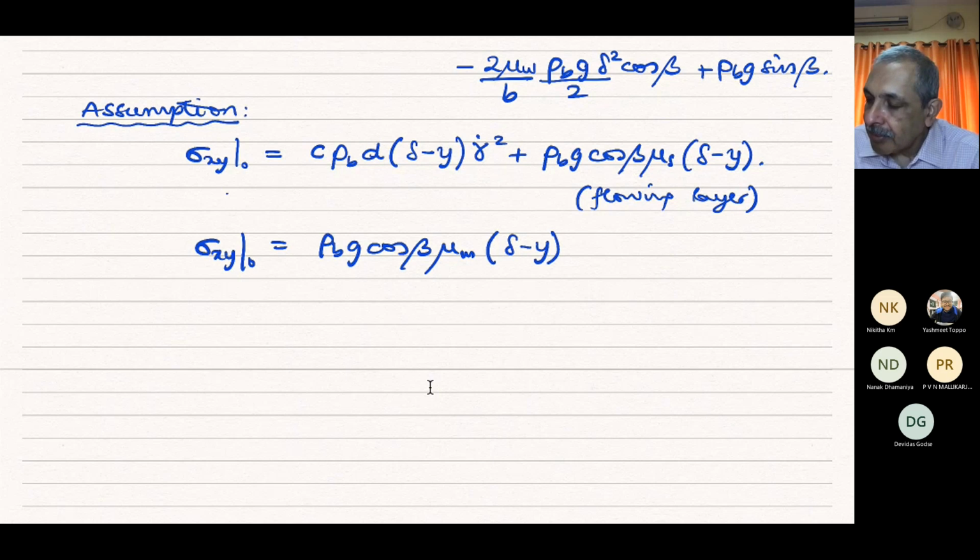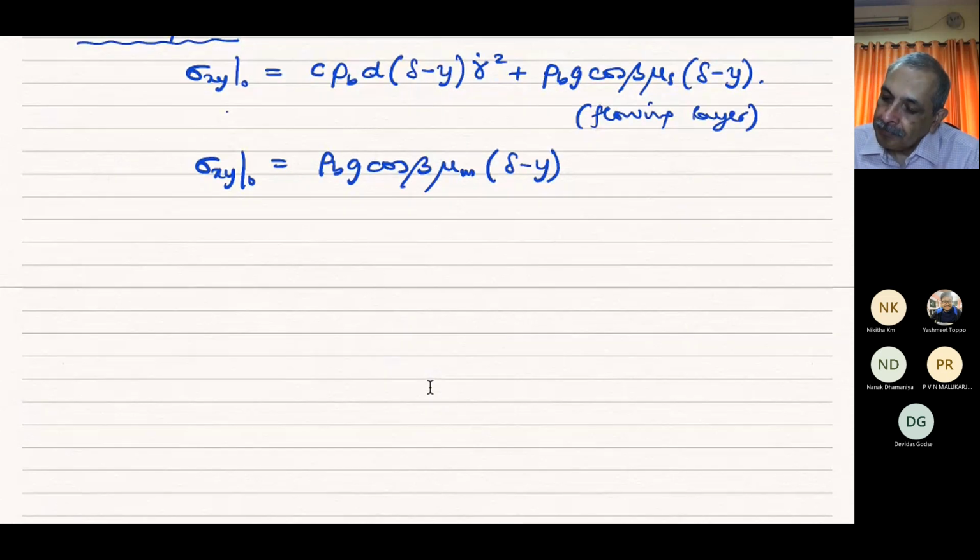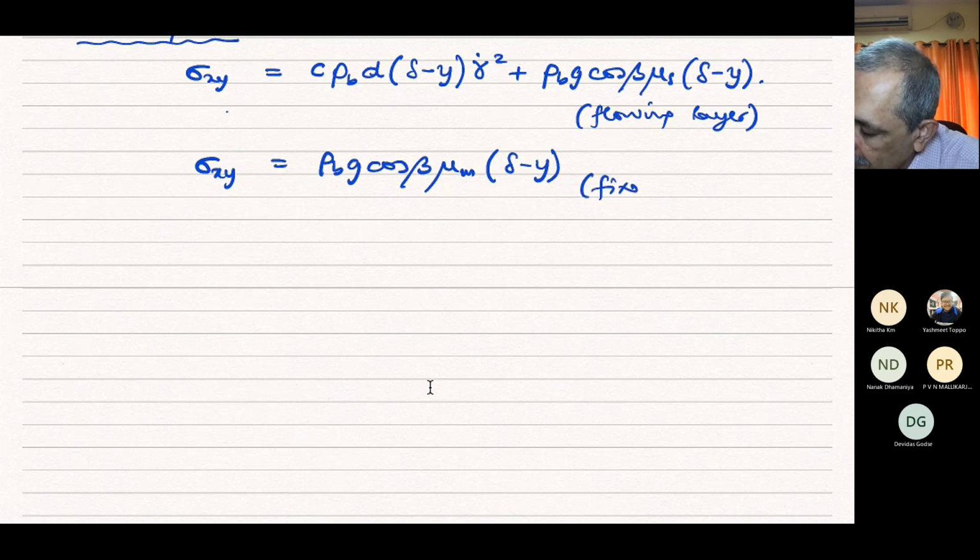And since the stresses are equal at the interface, I won't write this. This is not at 0. This is just generally the stress in the flowing layer, and this is what we expect that this will be in the fixed bed. They're not evaluated at 0, but they are at any point.